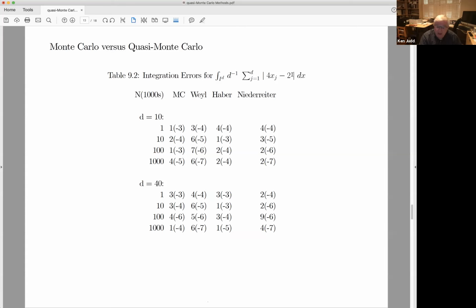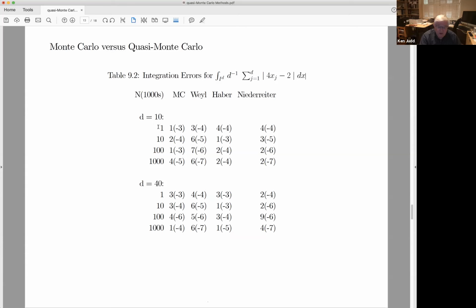You take the absolute value of that, and then you sum those absolute values and divide by d. Then you integrate that function over the unit interval, I is 0, 1. So this is going to be a function with multidimensional kinks, not something nice to integrate.